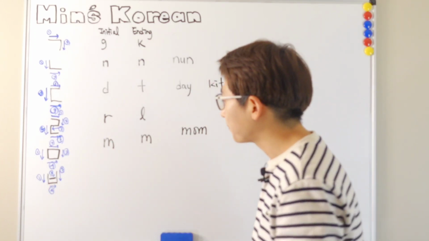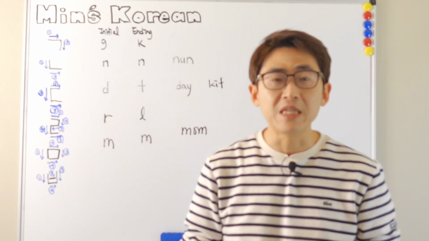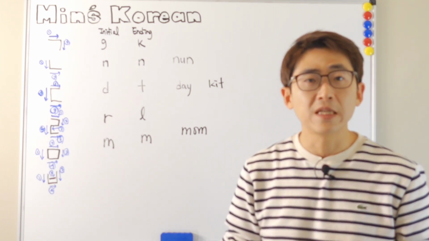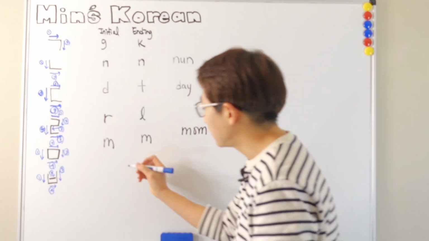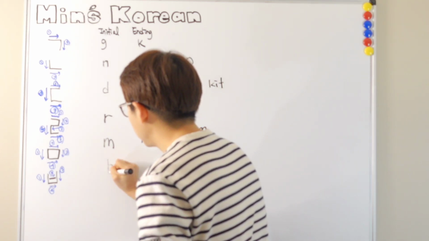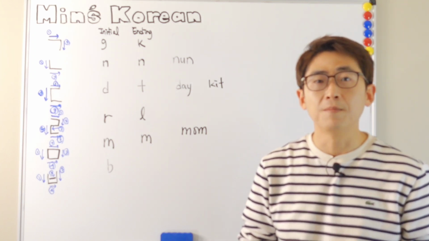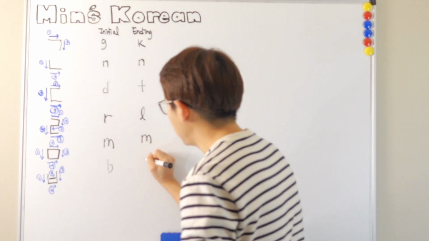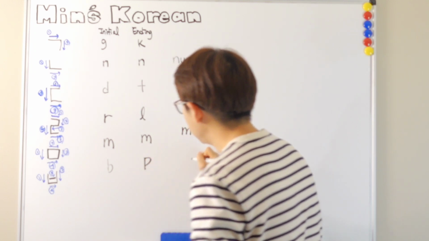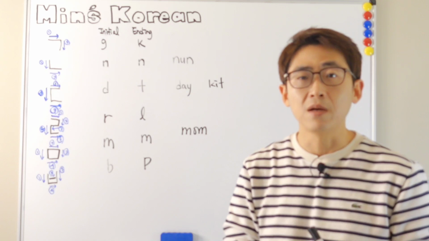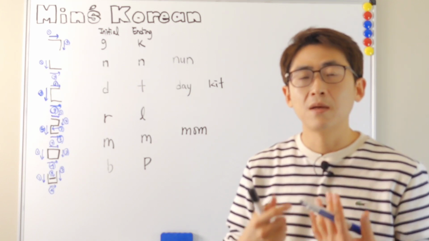And this one is 비읍. When it's used as an initial consonant, the pronunciation is b, as in boy. However, when it's used as an ending consonant, the pronunciation would be p, as in map.